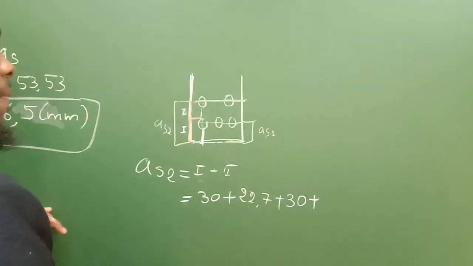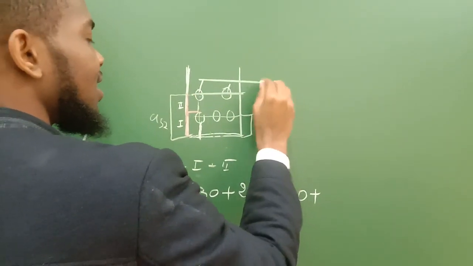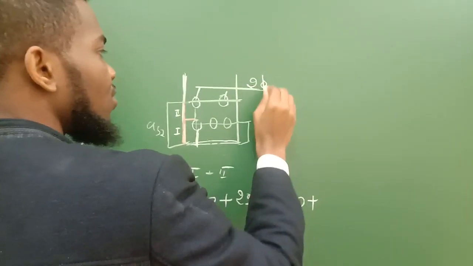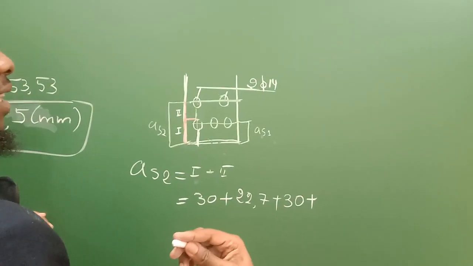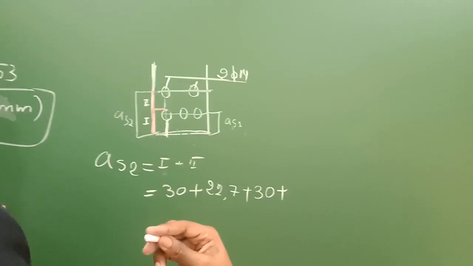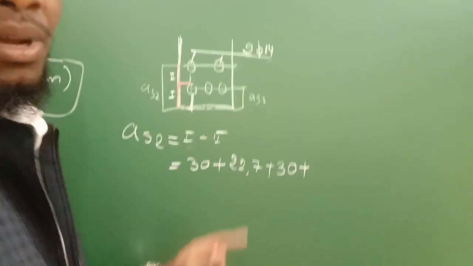Plus, now here for our second bar steel, which is 40, we find the outer area of the bar steel of 40 and we divide it by 2.